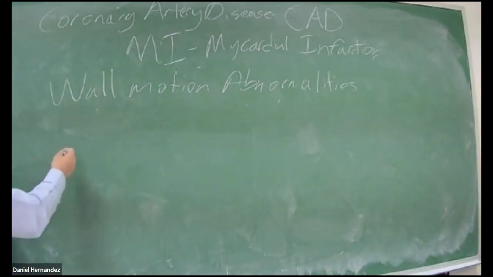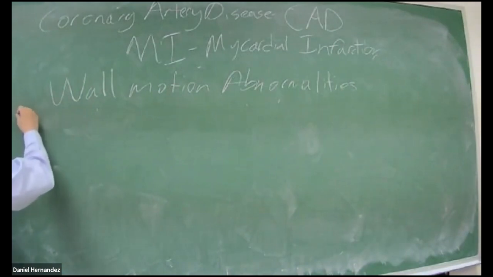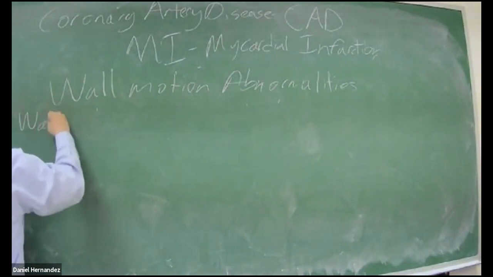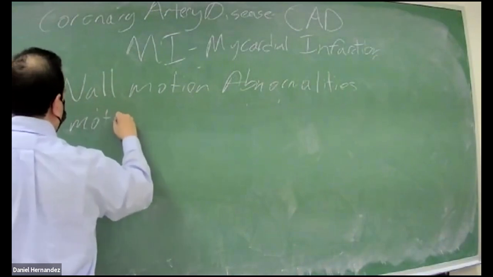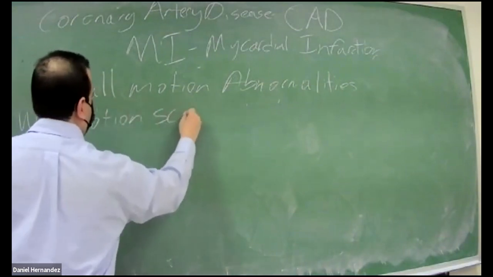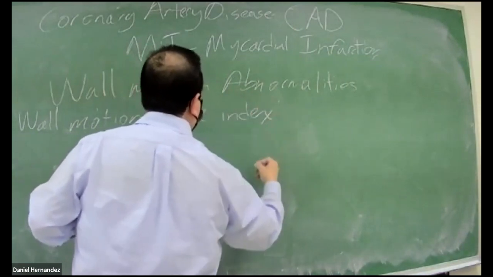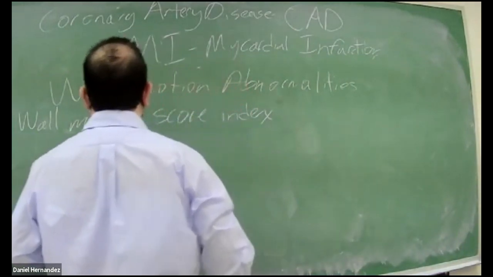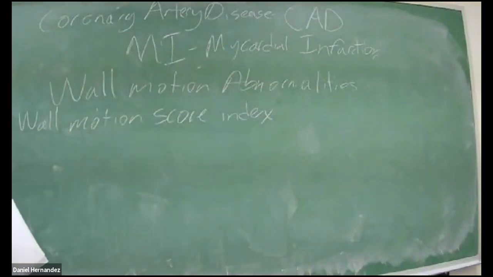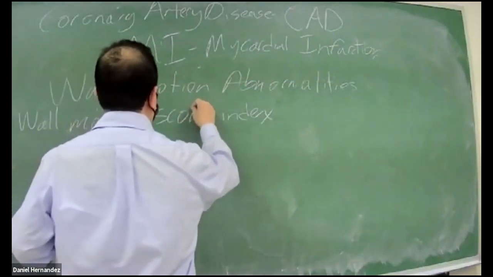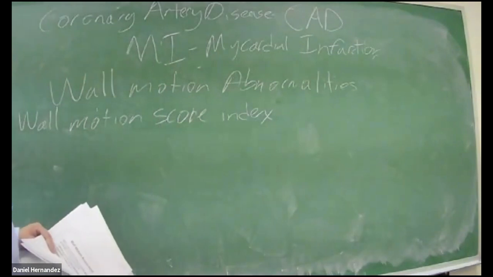So if we use our wall motion score index, the left ventricle is broken up into 17 segments.